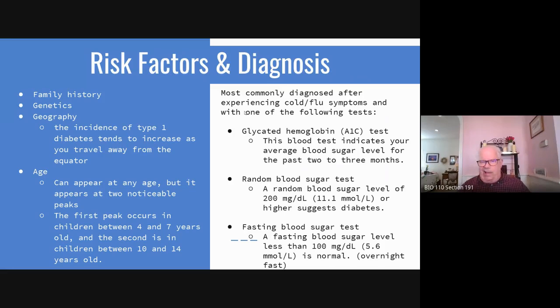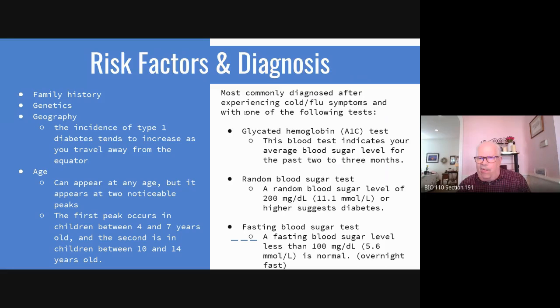I have seen in my practice, when I practiced emergency medicine, a person as young as 18 months old with type 1 diabetes that I diagnosed in the emergency department. Okay? It's most commonly diagnosed after a viral illness.